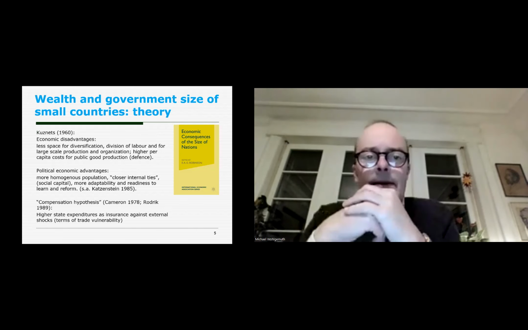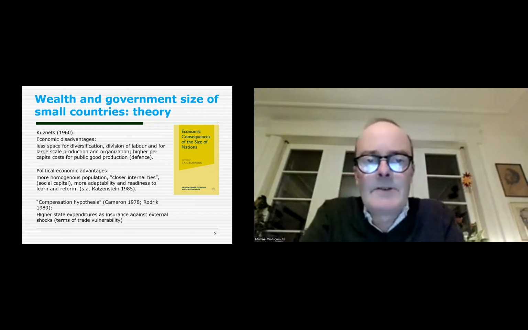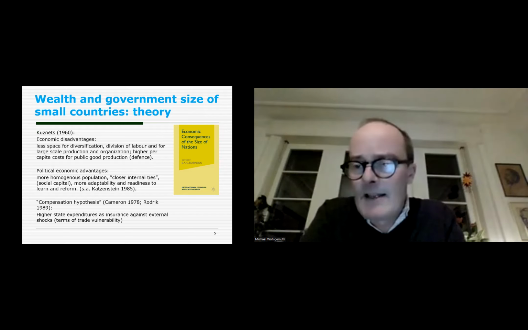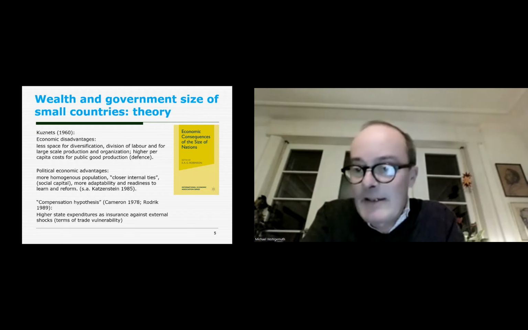Economic theory would first of all tell you that there are quite significant economic disadvantages for a small country to be competitive on a world market, because there's less space for diversification, for division of labor. The division of labor is limited by the size of the market, the old Adam Smith thing.